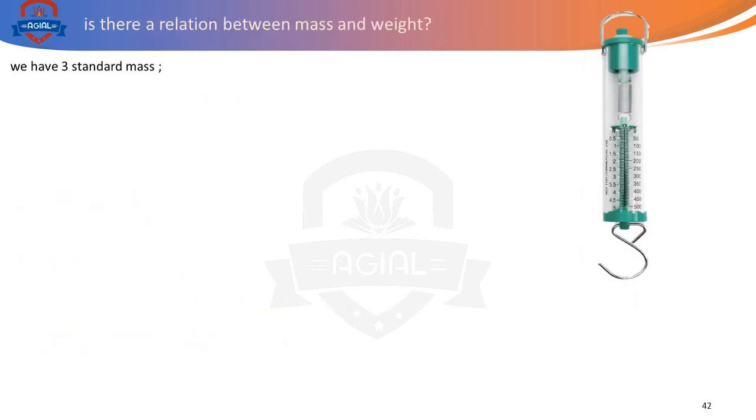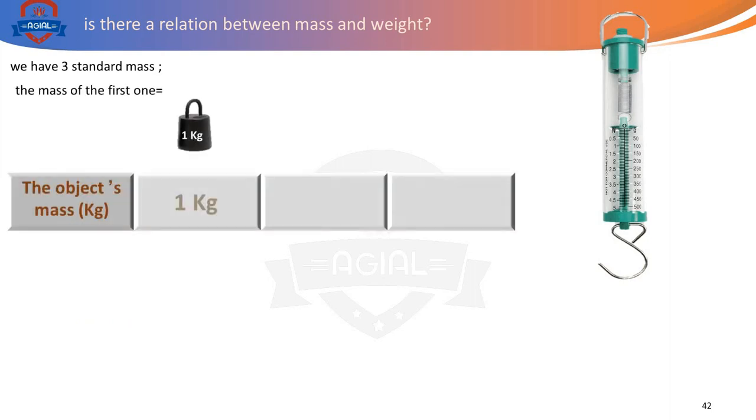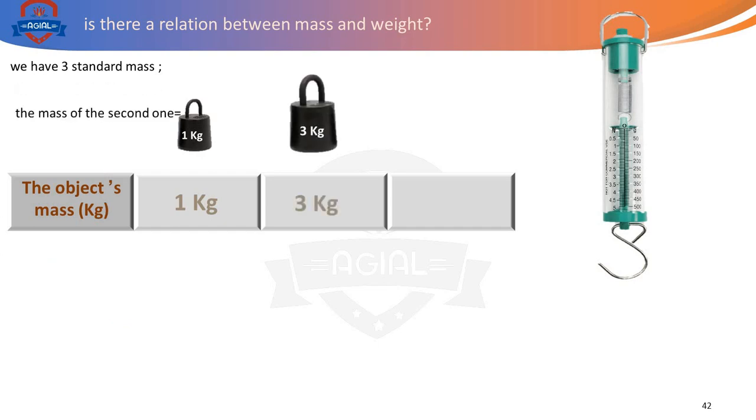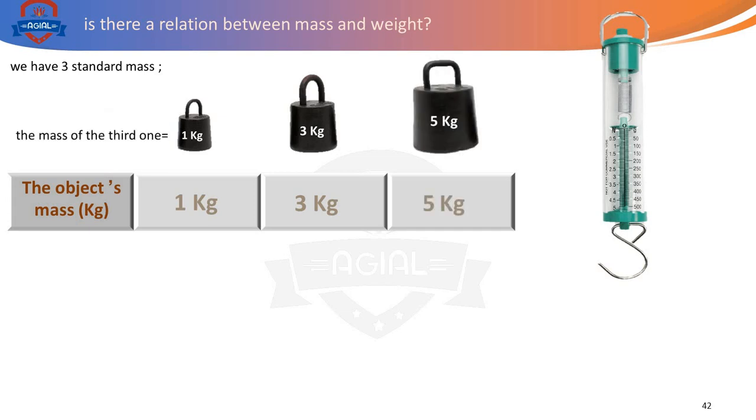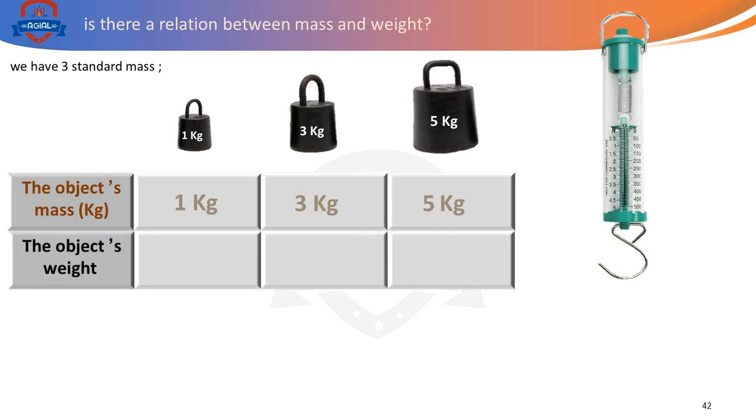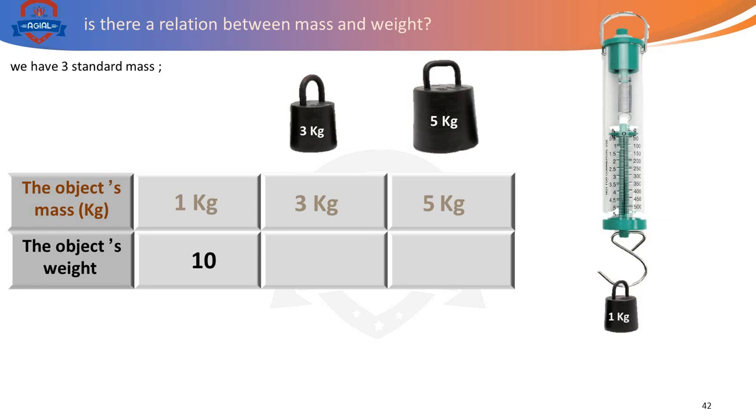Let's see an example. We have 3 standard masses. The mass of the first one equals 1 kilogram. The mass of the second one equals 3 kilograms. The mass of the third one equals 5 kilograms. Let's see how we can know their weights. We will put the first object on the scale. We will see its weight equals 10.